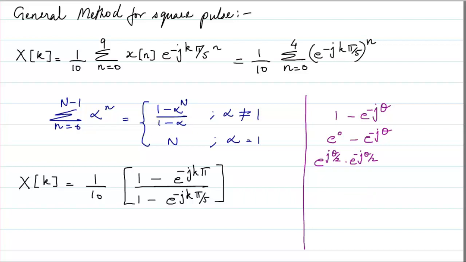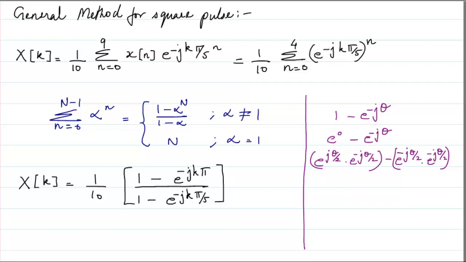So I have got this minus, and again for this one I am going to write, let me put it in the bracket, minus e raised to power minus j theta by 2 into e raised to power minus j theta by 2. I have split e raised to power minus j theta into two parts. Here again you can see that both these values, theta by 2 plus theta by 2, give me theta.